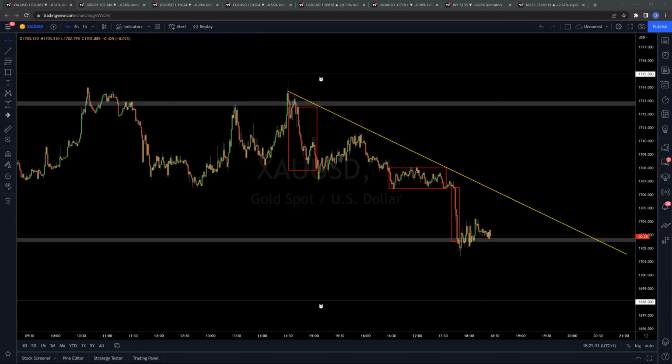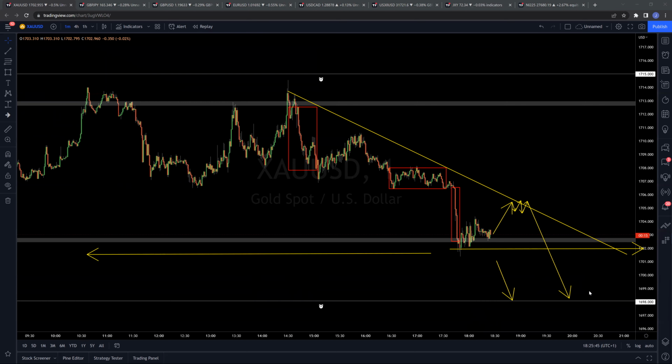And even if we get a pullback to the 1705s or 1707s, overall having another impulsive leg down to the 1698s and 1700s, getting an intraday candle close below those previous lows, and then with the continuations below 1700s and 1698s, would give you very, very smooth and steady sell scalps. If you also want to play this structure and potential retest in the range, that would be a higher risk sell area.